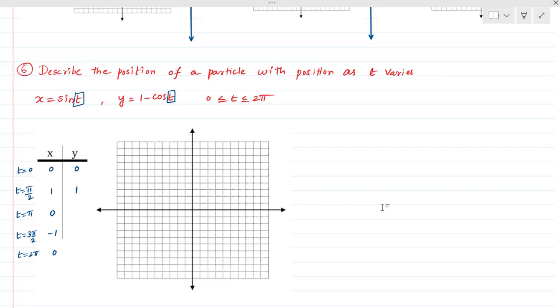Cosine pi is minus 1, minus of minus becomes plus, 2. Then for 3 pi over 2, cosine is 0, so 1 minus 0 is 1. Next 2 pi, cosine is 1, 1 minus 1 is 0. It will go to the starting point.